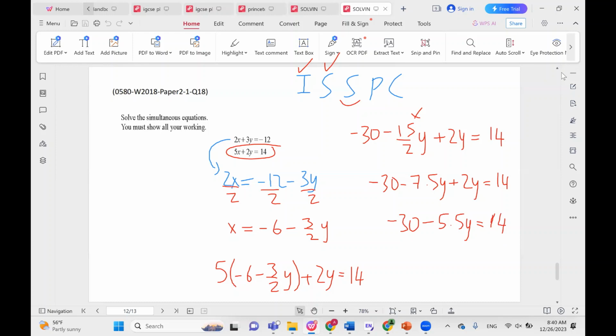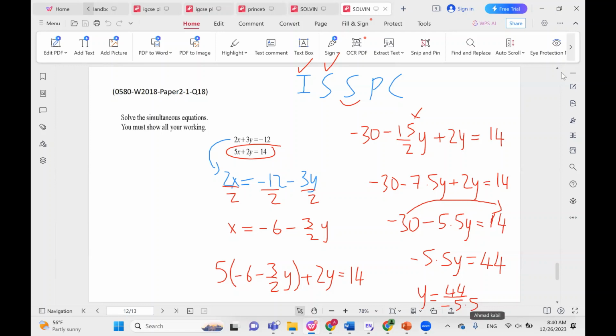And then you take the 30 to the other side with addition. So you have negative 5.5y equals 14 plus 30, which is basically 44. So y equals 44 over negative 5.5.